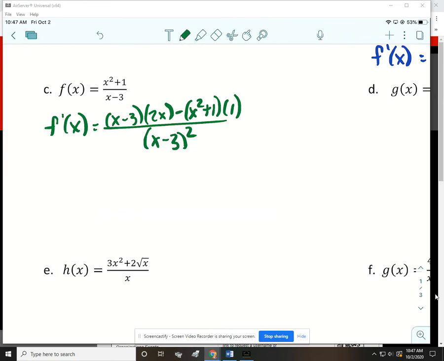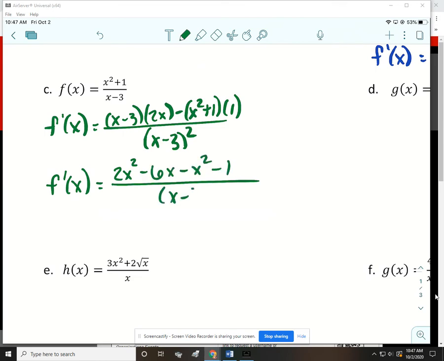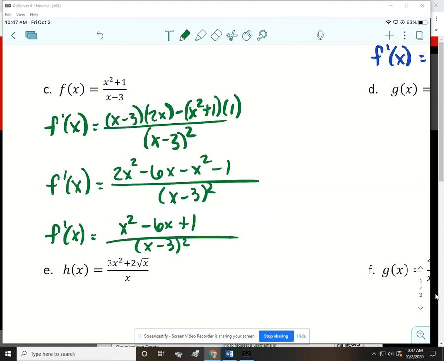All right, now we are going to clean this up a little bit on that numerator. So I'm going to multiply it out and then subtract like terms. And that's it.